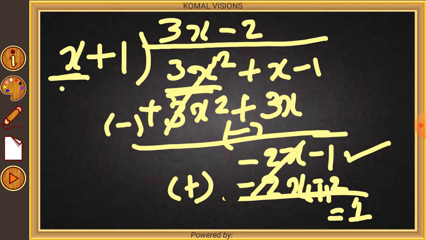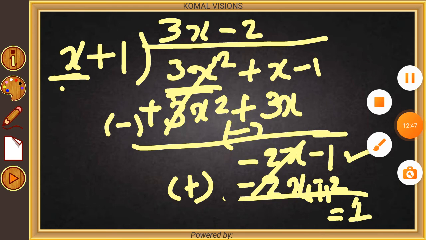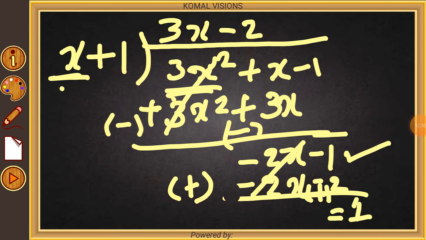Next, I cancelled the first term, so I multiplied suitable terms to get the same first term, changed the sign and cancelled it out. Later I wrote the remainder left and did the same procedure again. I got the remainder as 1 here, which means until you get a numerical value as the remainder, you should continue the procedure. So this is the remainder process.